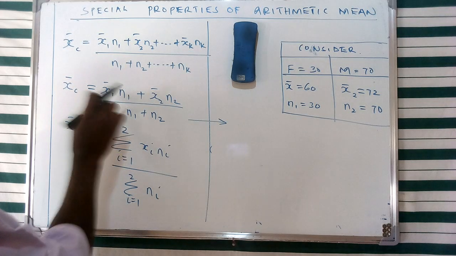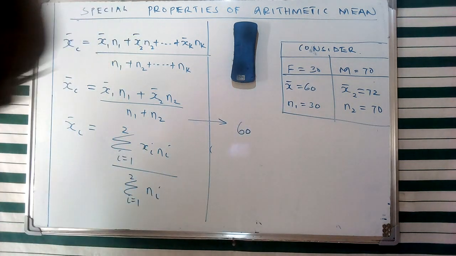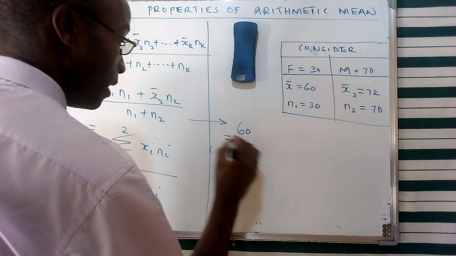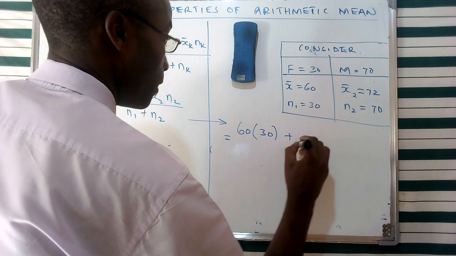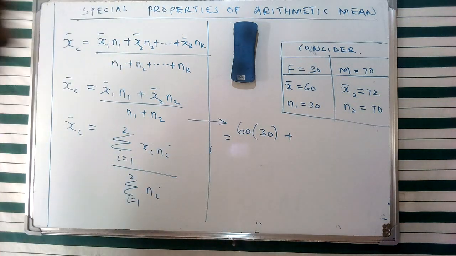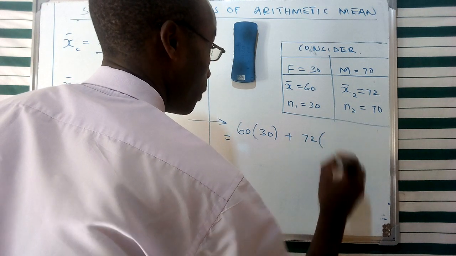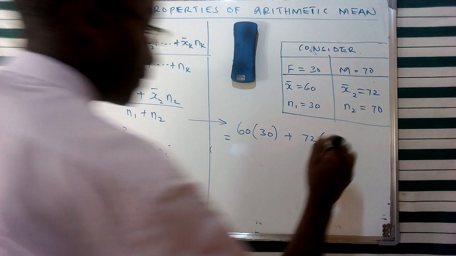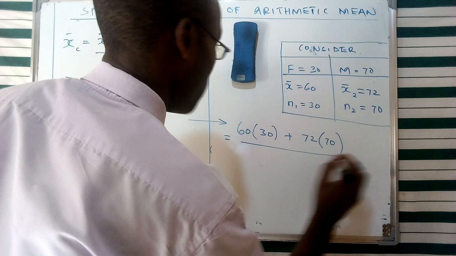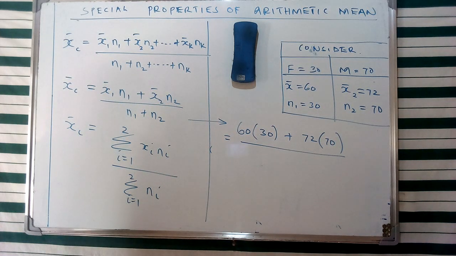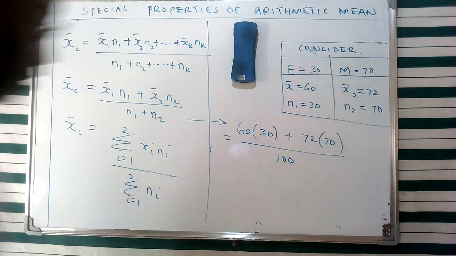So we are going to have our x1 represented as 60, and this is going to be 60 as a product with n1. n1 is equivalent to 30, and we're going to have that as a sum with the second one, which is 72 times 70, and that's going to constitute x2 and n2, and that divided by the total number of students, which is n1 plus n2, and this is going to give us a total of 100.